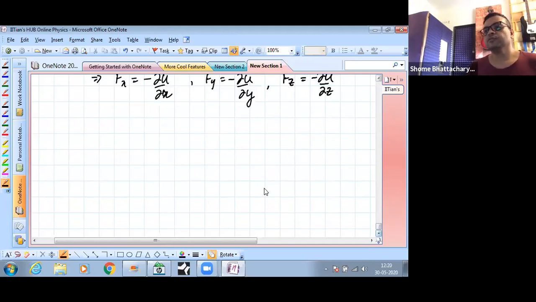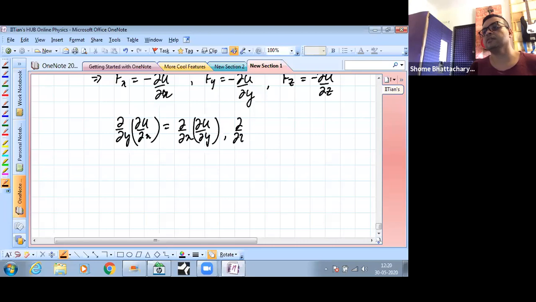So if this is the case, now we have to basically understand two terms over here, that del by del y of del u by del x must be equal to del by del x of del u by del y. Now the same operation also holds true for y and z.